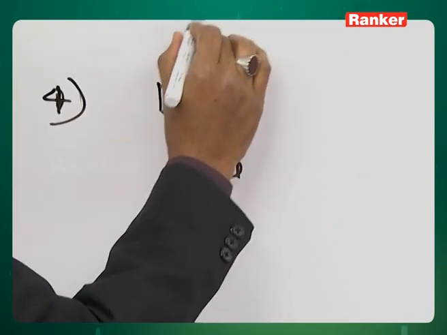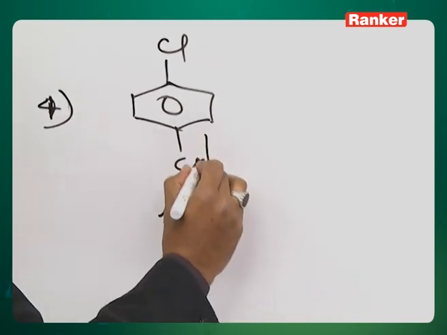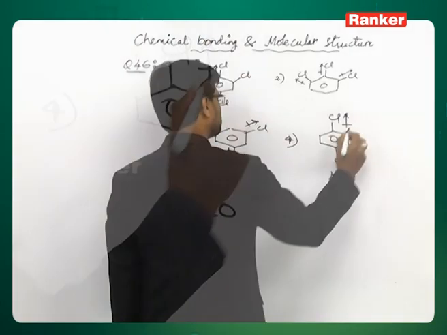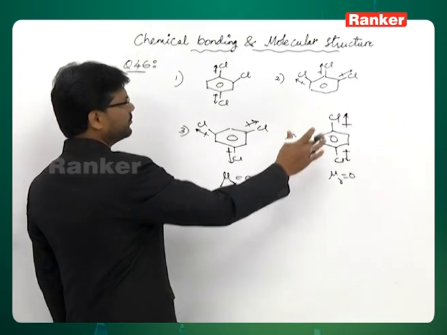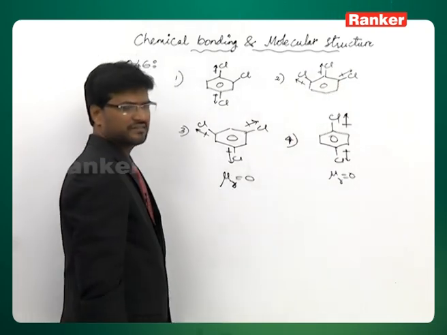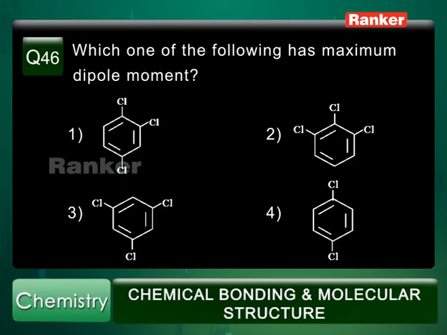These two chlorines cancel out each other. Mu r equals to 0. Now, here the pulling is due to 3 chlorines. So, there is a greater extent of pulling. Therefore, the correct answer is second option.